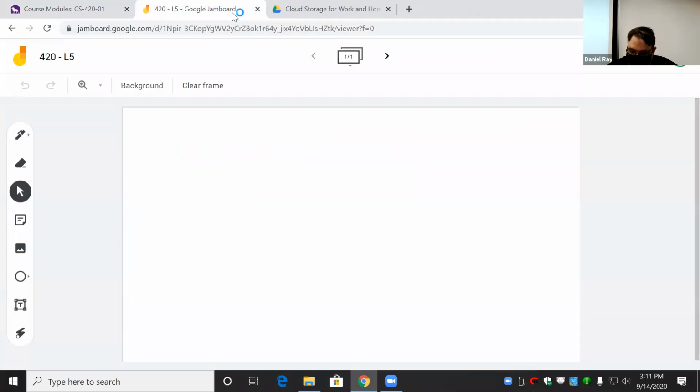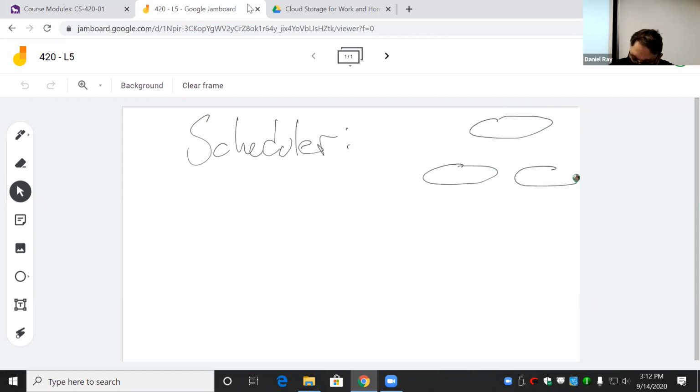Okay, so let's talk about today's topic, which is the scheduler. All right, now the scheduler has come up over and over again when we've been talking about processes. I probably don't need to draw this for you, but I will anyway. Recall the state diagram, the finite state machine, for all the possible states that every process can be in.